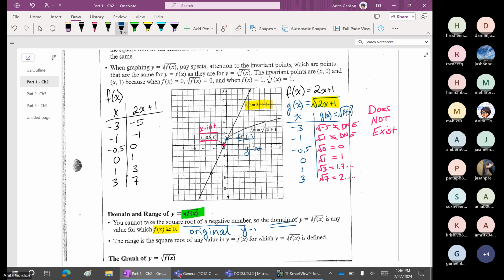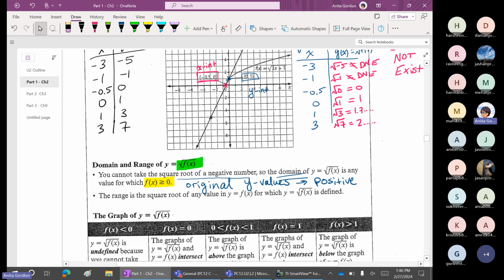Original y values must be positive. Okay, and remember when we did composition, the range from the inside function is the domain of the outside function, but we have an additional restriction because our outside function is a square root. In that, they have to be positive.